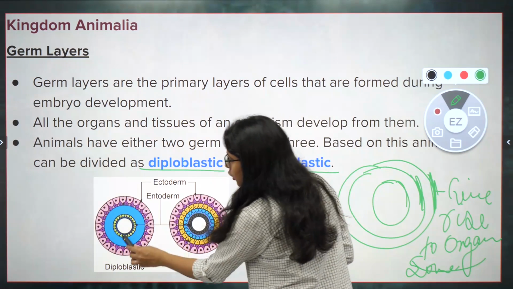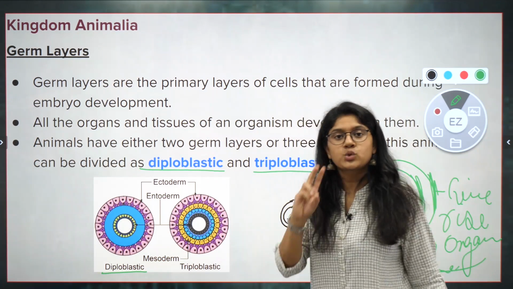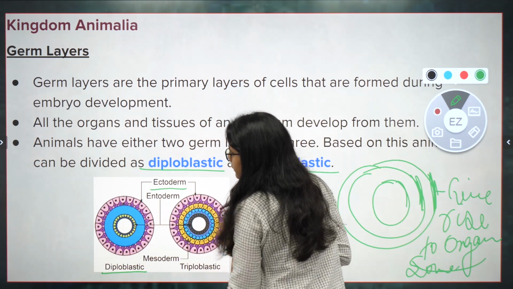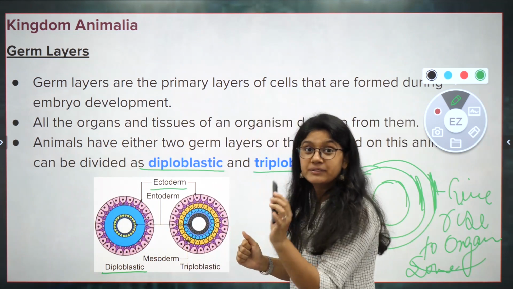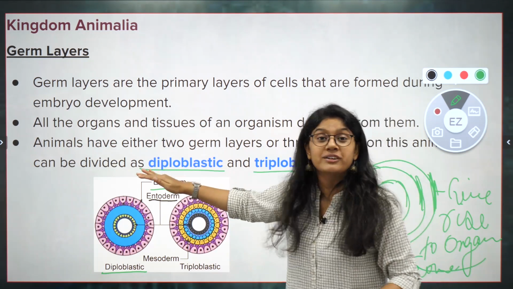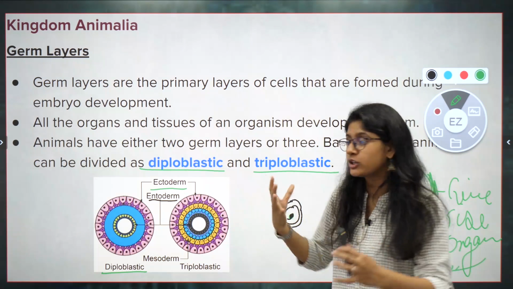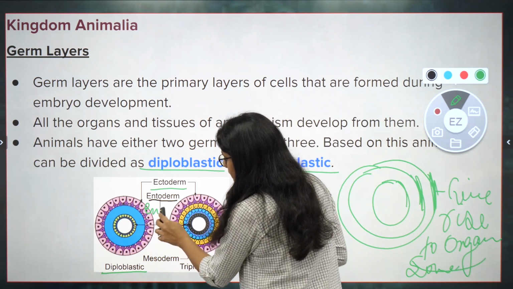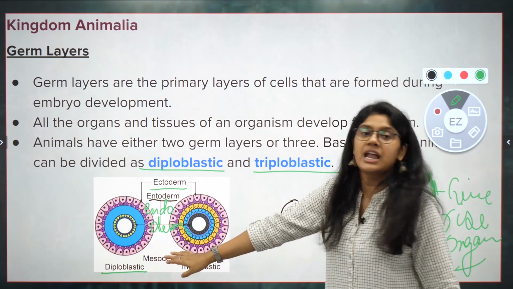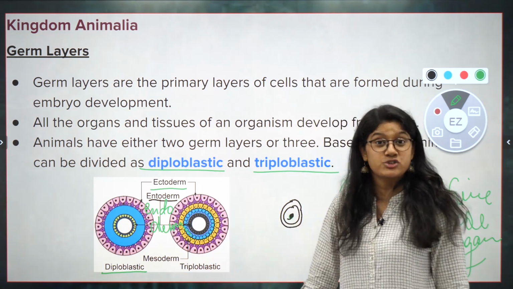Can you see this is triploblastic? There are 3 different layers of it. What we call ectoderm, this is ectoderm, and you can call it endo also, the endoderm. And the middle one is called the mesoderm.